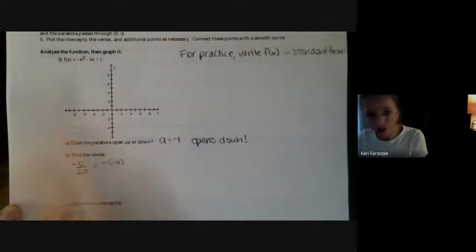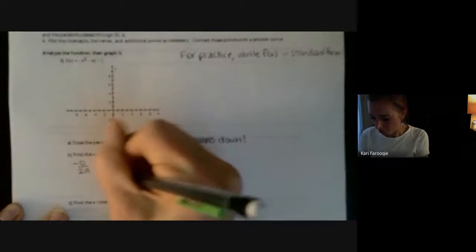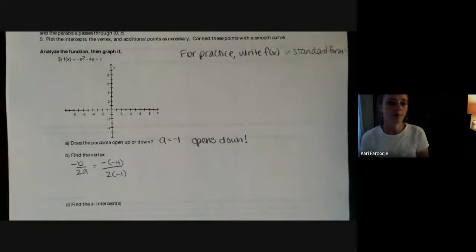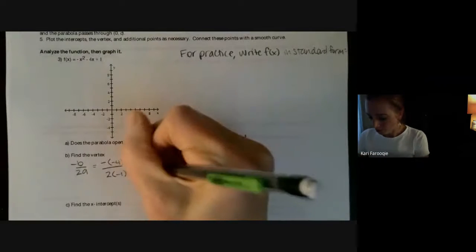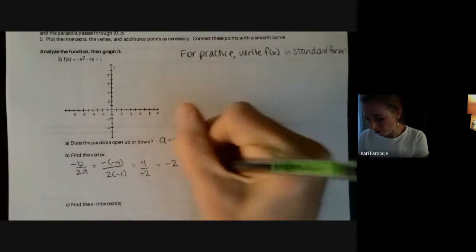Don't use the negative sign that's already on there and say we've got it covered. No, you're taking negative of whatever that coefficient is. And then over 2a, and in this case, a is -1. And then we'll simplify. This gives you +4 over -2, which is equal to -2.